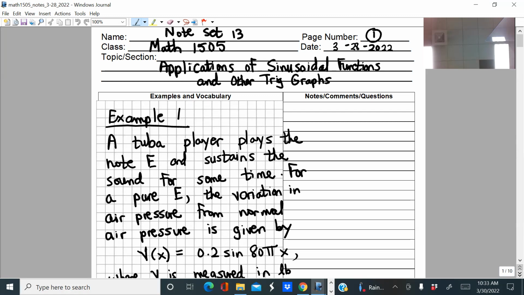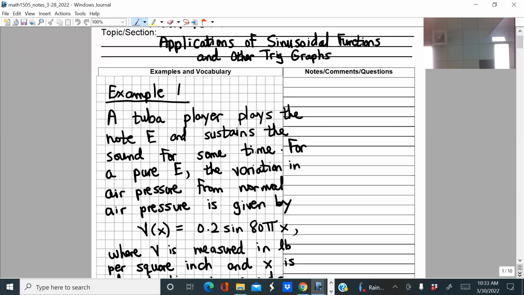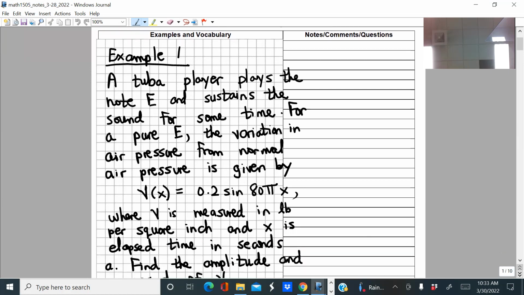That note is being played. It says for a pure E for this tuba, the variation in air pressure from normal air pressure is given by this formula. Okay, so you can see that's a sinusoidal function, right? Because it's a transformation of the sine function.